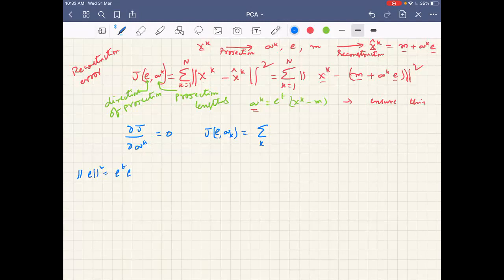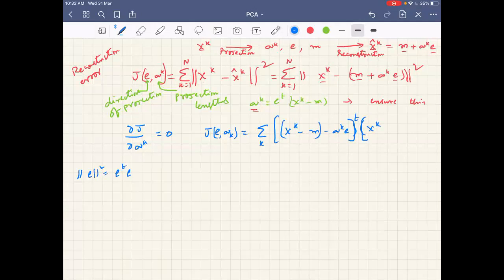Now I will write this as Xk minus M minus AK into E transpose into Xk. Let me group these two, it is convenient for me, and then separate this part.